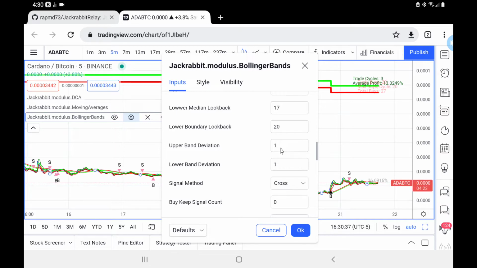BTC has tremendous amount of volatility built into it. And I don't want to compound the volatility in an inverse way, meaning that BTC's volatility goes against the position I'm actually looking to purchase or sell. So I chose a smaller deviation for my Bollinger Bands.